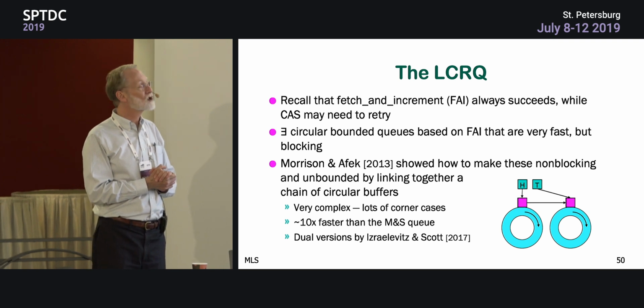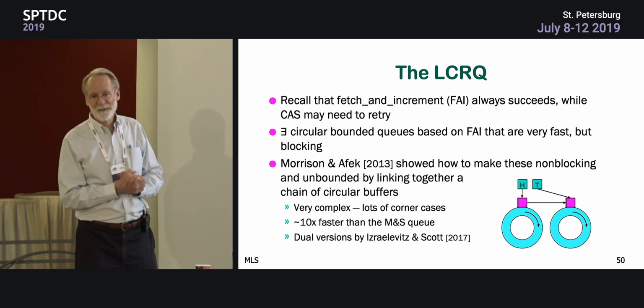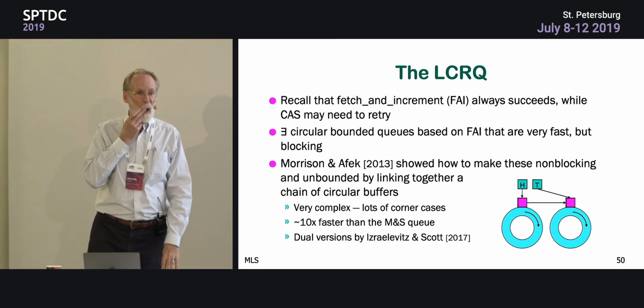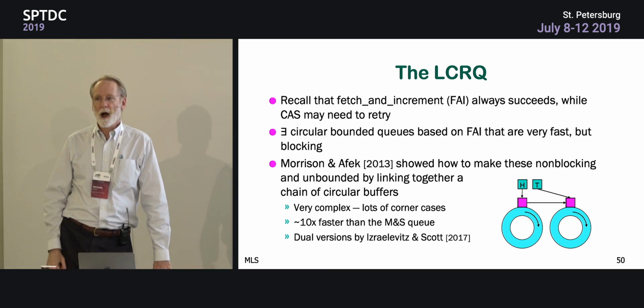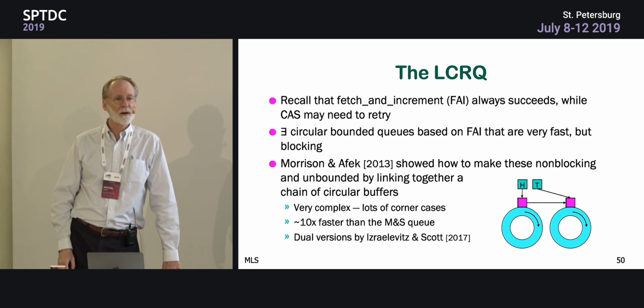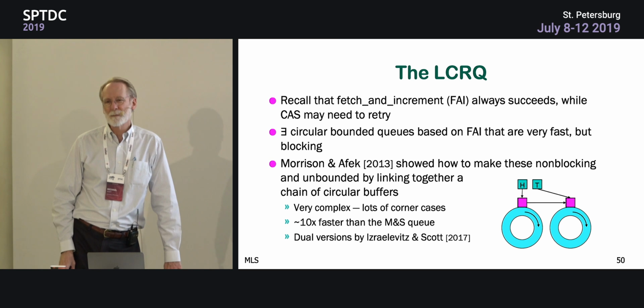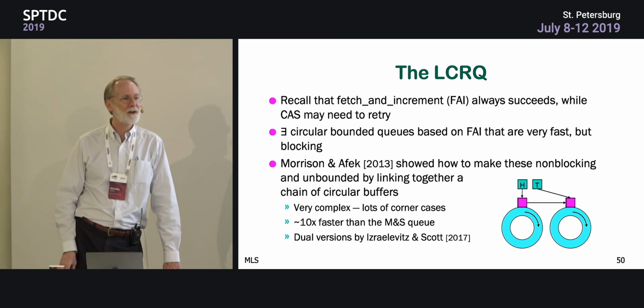It is extraordinarily complex. Has lots of corner cases. The pseudocode in the PPoPP paper has 2 bugs in it. One of them is a typo, pretty clearly, and somebody who's reading carefully would probably figure that one out.